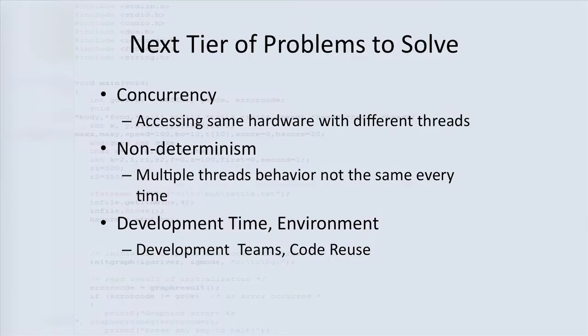So here's the problems. Concurrency, accessing the same software or the same memory. Non-determinism. So here we have two cores, right, running different things, right? It's got its own tasks that it's running, and this one has its tasks that it's running. And they're totally independent of each other, but oops, this task on this core and this task on this core has to happen before this task on that core.